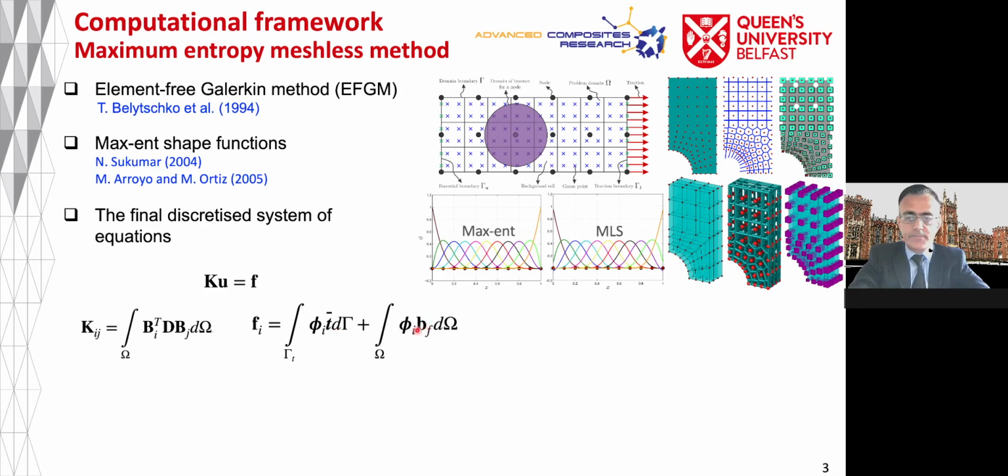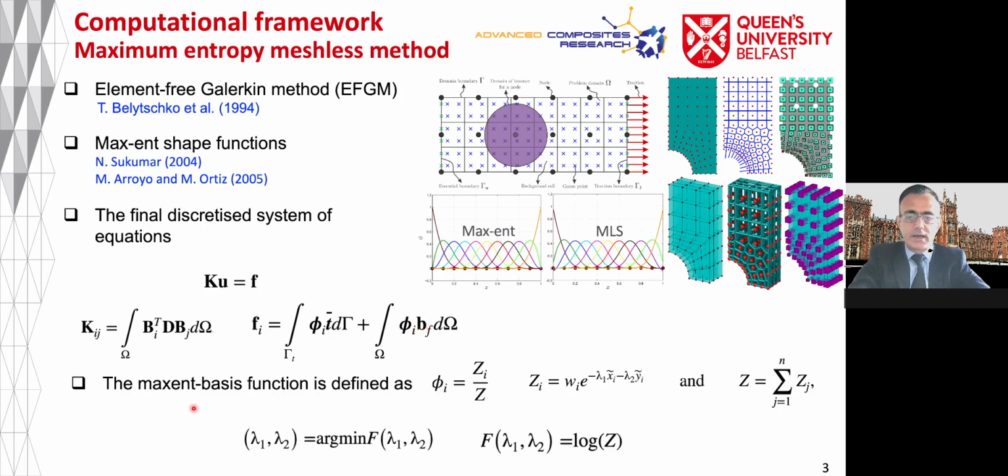The maximum entropy shape functions or basis functions are calculated using this equation here, where Zi is calculated using this equation, where W is the weight function, lambda 1 and lambda 2 are Lagrange multipliers, and Xi and Yi are the shifted coordinates. Z is calculated from this equation here. So Lagrange multipliers are calculated by minimizing this function here, where this F is just the log of this Z.